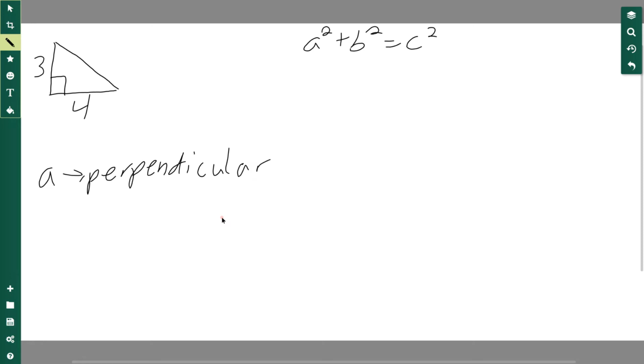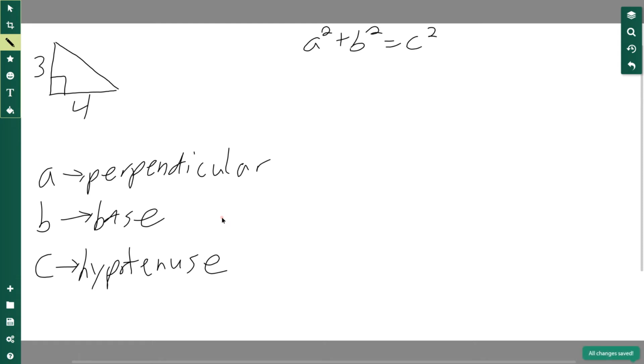So let's remind ourselves that the Pythagorean theorem says that a squared plus b squared equals c squared. And also, that a is the perpendicular, b is the base, and c is the hypotenuse.